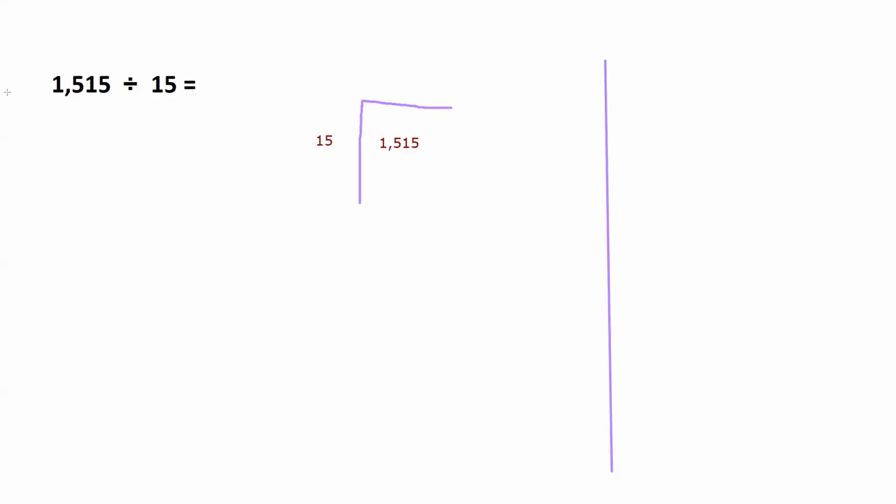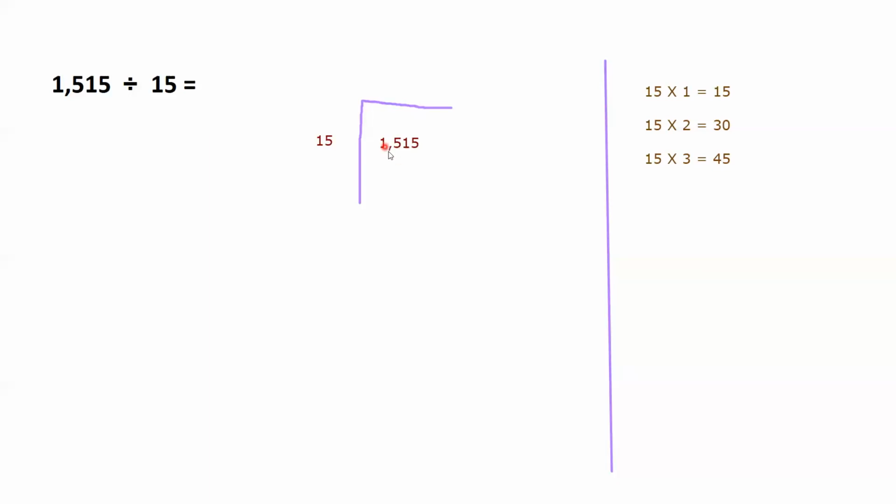Sure, timetable 15. So 15 times 1 equals 15. 15 times 2 equals 30. 15 times 3 equals 45. And we can stop here. If we need to complete the timetable, we are going to complete after that.